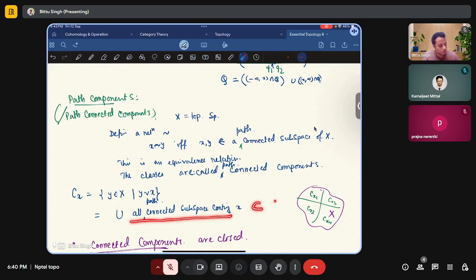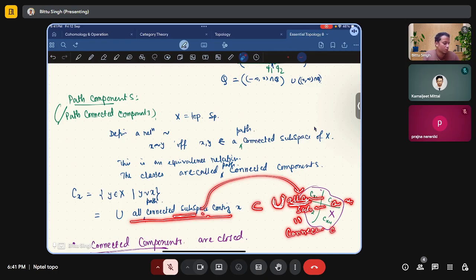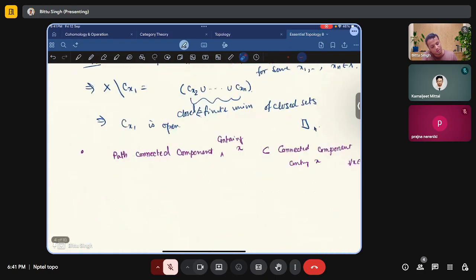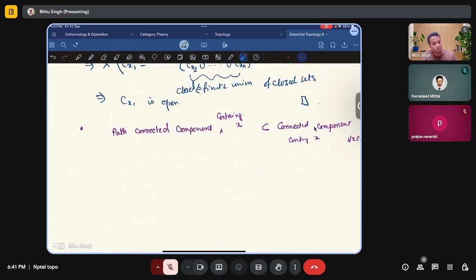So it is contained in the union of all connected subspaces containing x, because each path connected subspace is automatically one element of this union. But that union is nothing but the connected component at x. That's why path connected components are subsets of connected components.